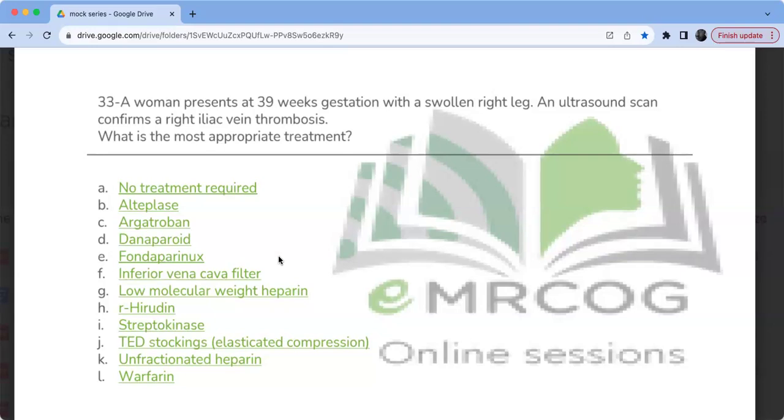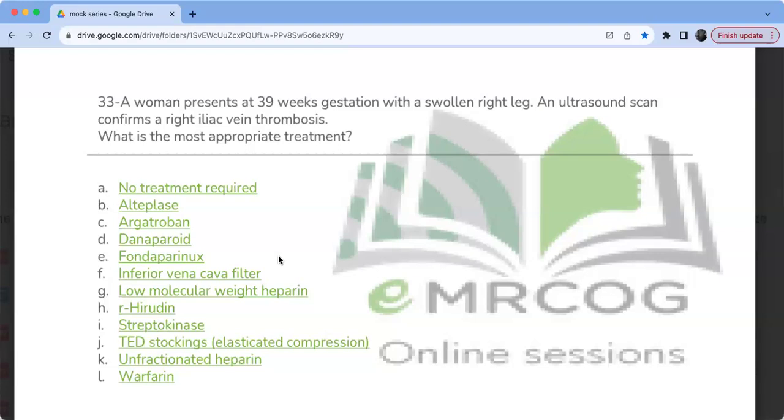A woman presents at 39 weeks of gestation with a swollen right leg. An ultrasound scan confirms a right iliac vein thrombosis. What is the most appropriate treatment? A temporary vena cava filter in the peripartum period for a patient with iliac vein VTE.